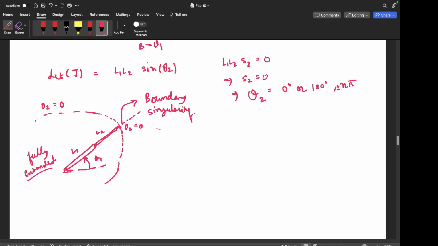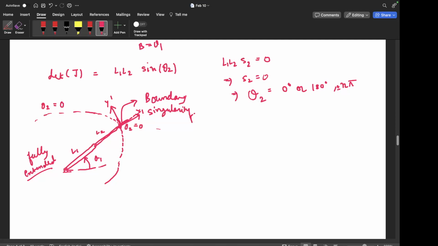If I draw axes here, let's say y dash and x dash, you can't go in the x dash direction, you can only move your end effector in the y dash direction. So effectively you are losing 1 degree of freedom.